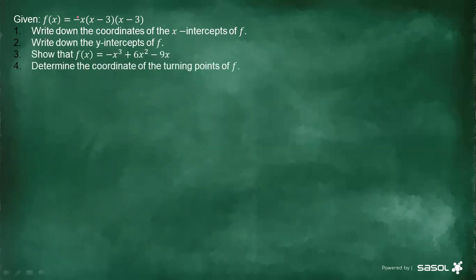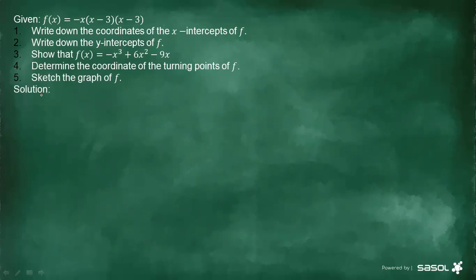Given that f of x equals minus x into (x minus 3)(x minus 3). You can see this one is already factorized for us. There is no need for us to factorize it when we look for the x-intercept. Now, the first question said we should calculate the coordinates of the x-intercept.